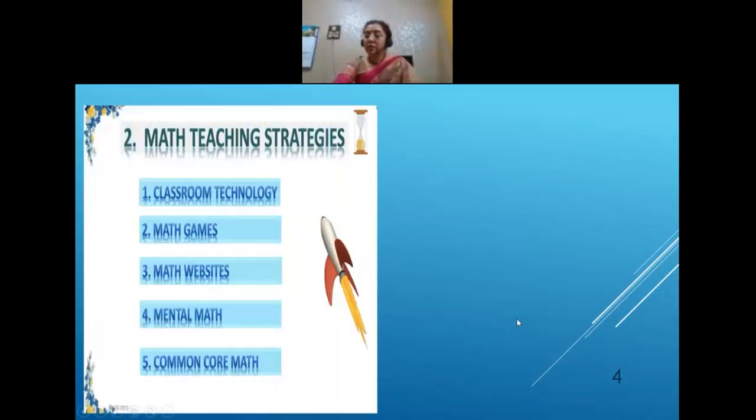Mathematics can be taught in different ways: classroom technology, maths games, maths websites, mental maths, common core maths. Many websites are there. Even CBSE has made many: Shikshavani, CBSE academic site, Diksha, so many portals. Classroom technology is a need of the hour.